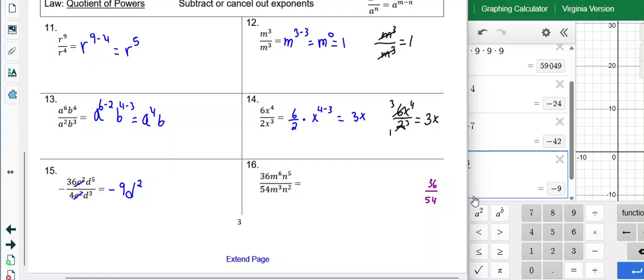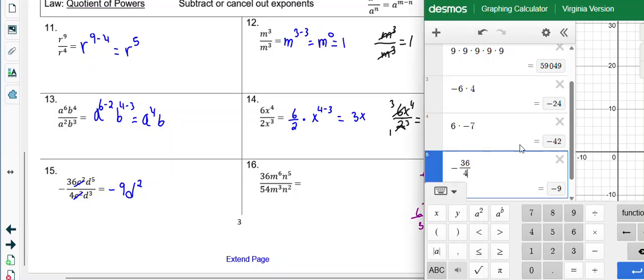There's different numbers, but the first one that comes to my mind is, I think, 9. That's 9 times 4 is 36, and 9 times 6 is 54. And then 2 goes into 4 2 times, 2 goes into 6 3 times. So this is going to be 2 over 3.